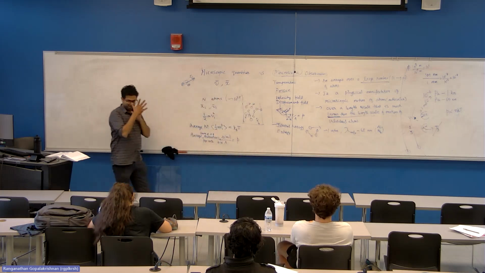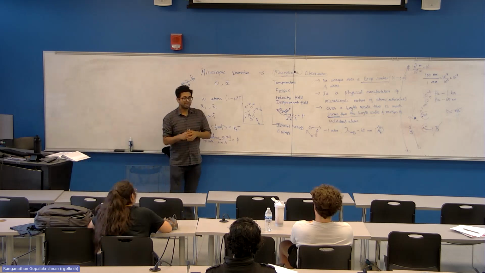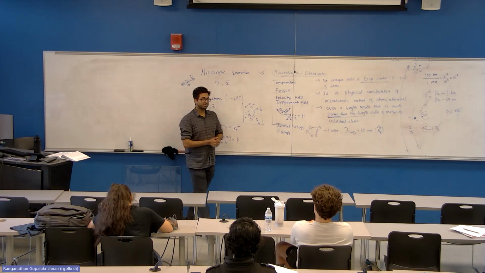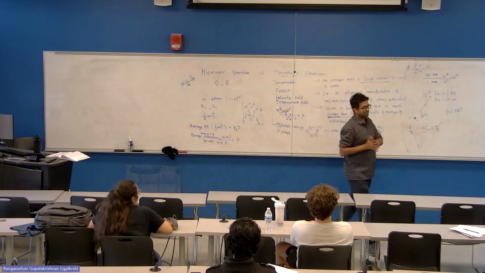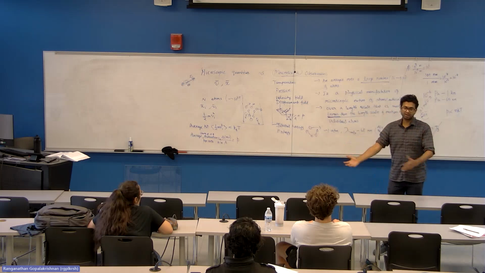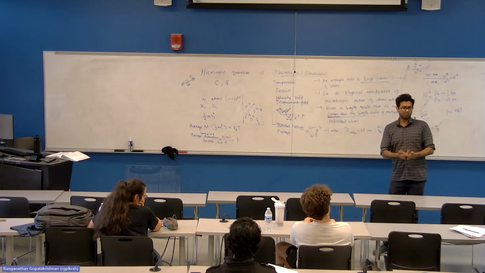Number two, one of the other things that he said, you have to define a state for a system. Why do you need to define a state for a system? Or what is the state of a thermodynamic system? What have you learned in your prior classes about when you say the state of a gas or a state of a liquid?